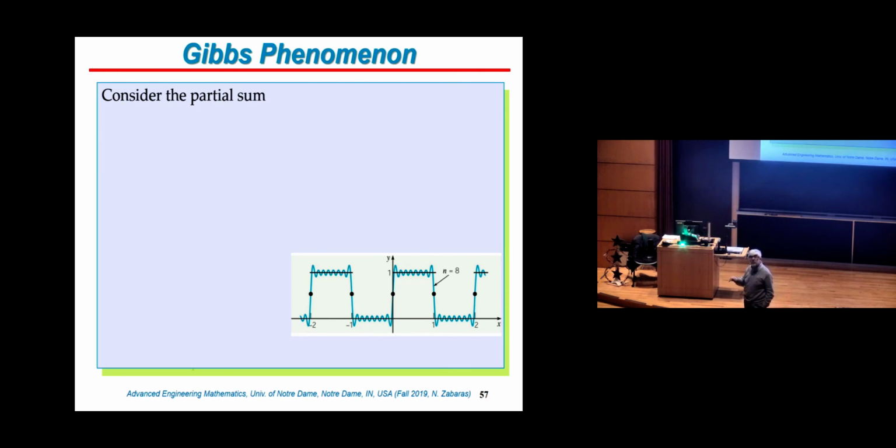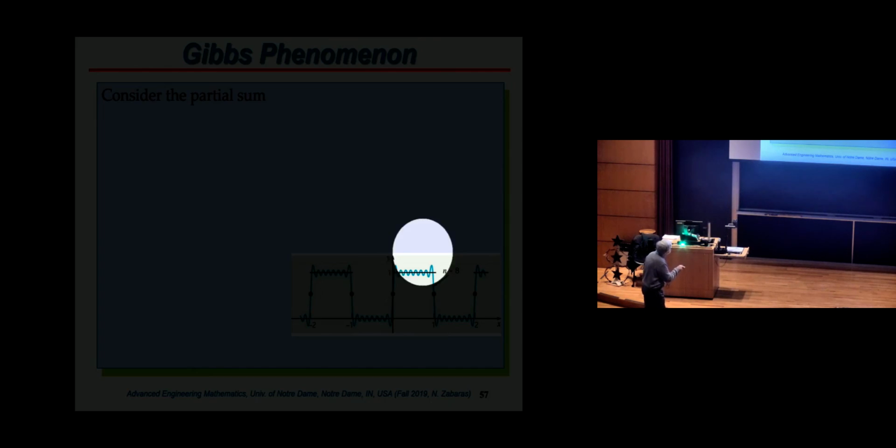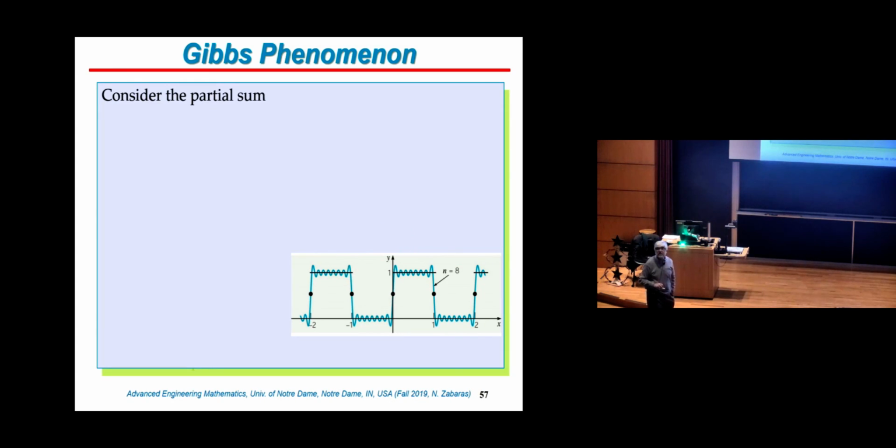This is what is called the Gibbs phenomenon. Very important in physics, engineering, fluids, solids, everywhere. You can use as many terms as you want. That jump in the points of discontinuity is going to stay there with you. That's the Gibbs phenomenon. We'll come back and talk about convergence on Wednesday.